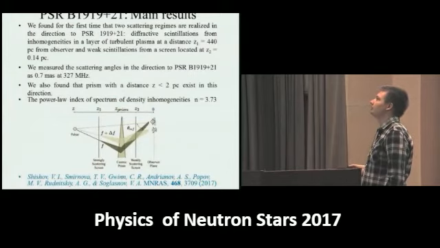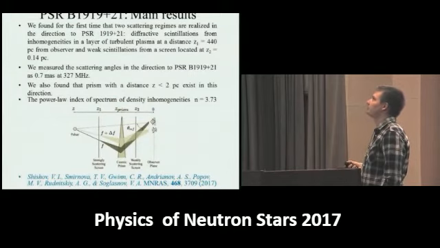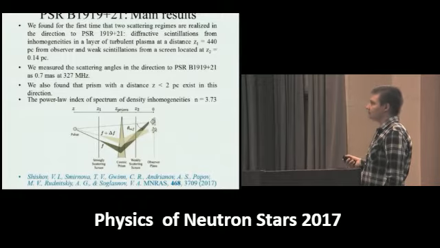So we found for the first time that two scattering regimes are realized in the direction of pulsar 99: diffraction scintillations from a layer of turbulent plasma at a distance of about 440 parsecs from the observer, and weak scintillation from a screen located very close to Earth.